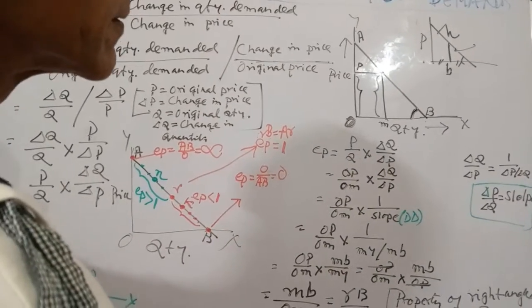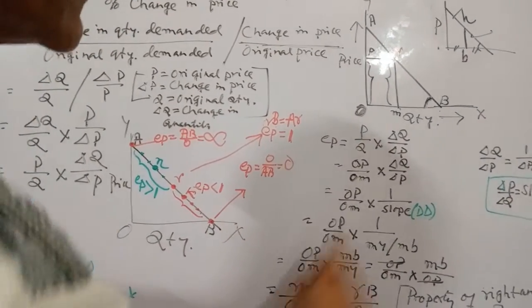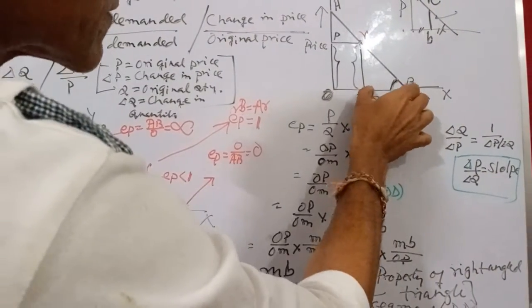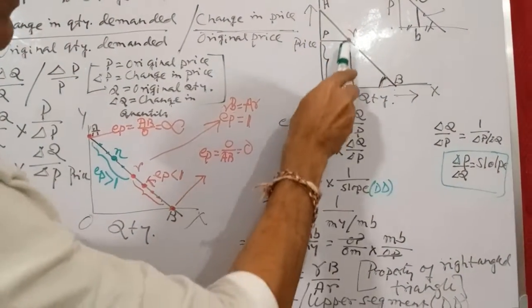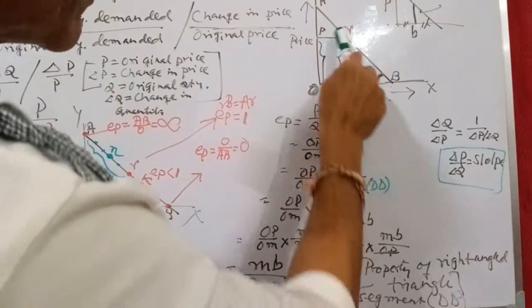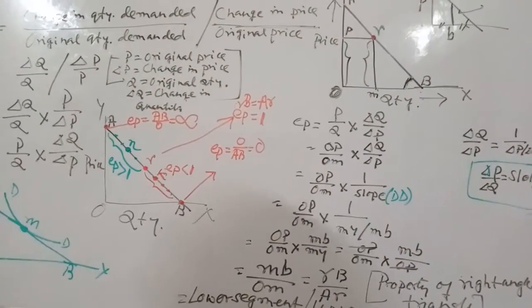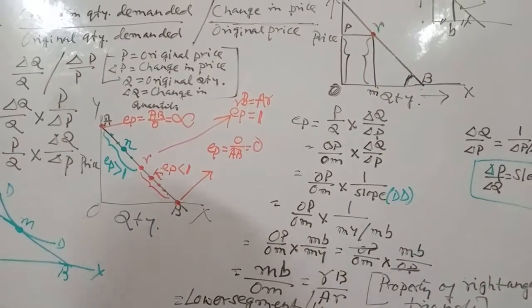Okay, that is MR by MB, perpendicular by base, correct.